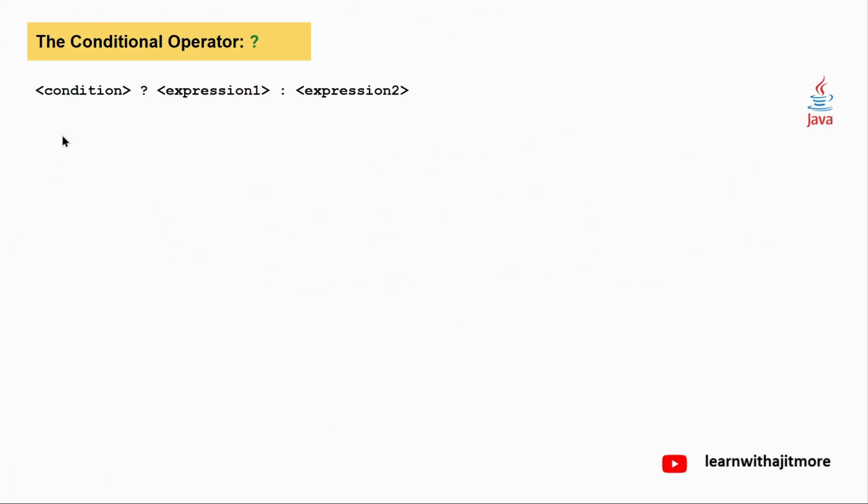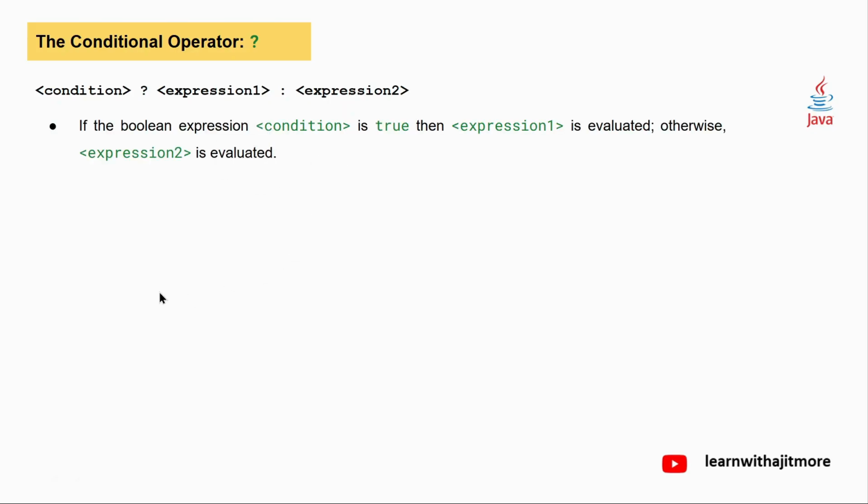Okay. So check the syntax: condition, question mark, expression 1, expression 2. Three parts are there. I told you, the condition has to be a Boolean expression. If it is true, then it will evaluate expression 1. Otherwise, it will evaluate expression 2.